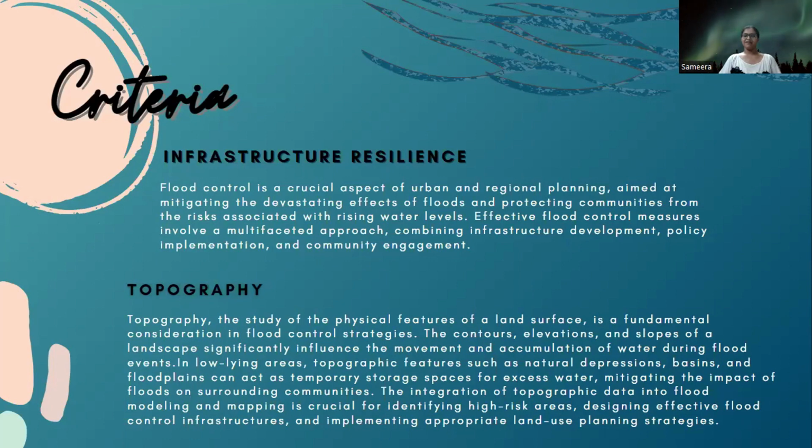In low-lying areas, topographic features such as natural depressions, basins, and floodplains can act as temporary storage spaces for excess water, mitigating the impact of floods on surrounding communities. The integration of topographic data into flood modeling and mapping is crucial for identifying high-risk areas, designing effective flood control infrastructures, and implementing appropriate land use planning strategies.